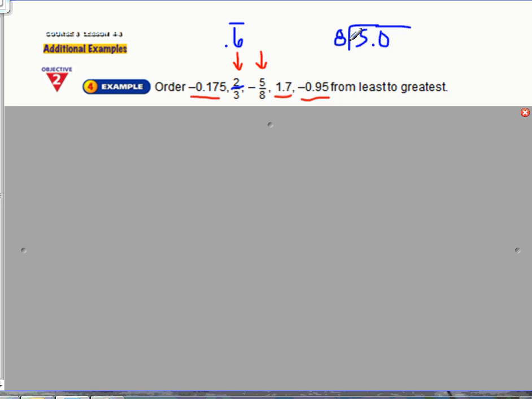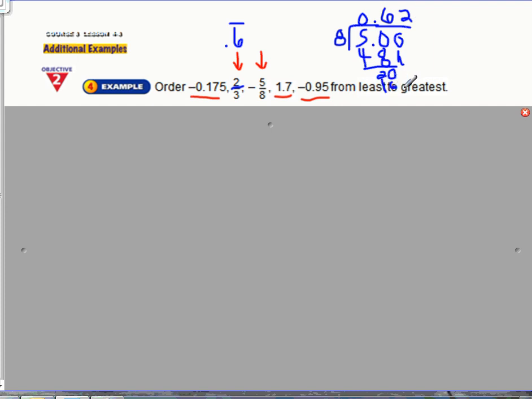All right, so 8 goes into 5 0 times. 8 goes into 50 6 times. 48. 2. Add another 0. Bring down the 0. 8 goes into 20 2 times.